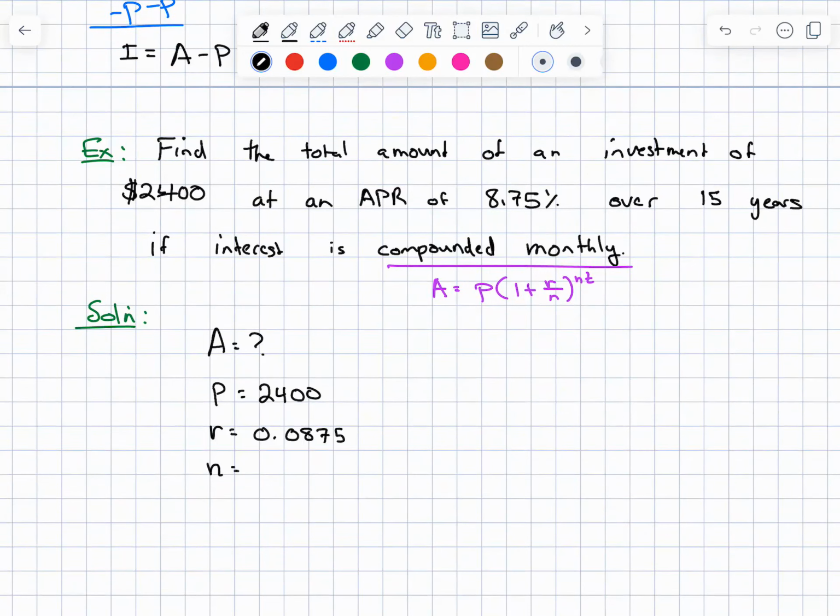N should be 12 because it's compounded monthly, and T is 15 years. So A is equal to 2,400 times (1 plus 0.0875 divided by 12) raised to the 12 times 15.